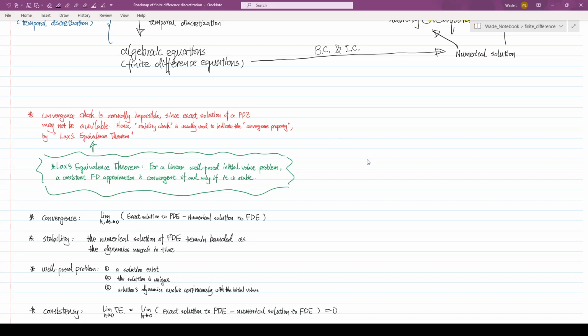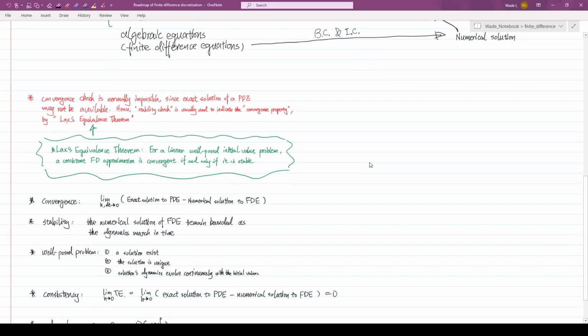When we talk about the stability of a numerical discretization, we mean that the numerical solution of the finite difference solution remains bounded as the dynamics of the equation march in time. In the following videos of this series, I'm going to elaborate more details on the algorithm used to check the stability of different families of temporal discretization schemes.